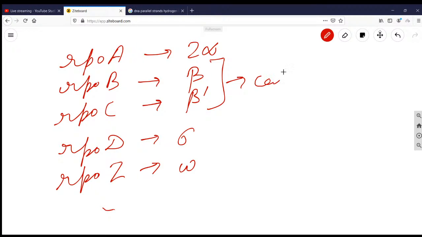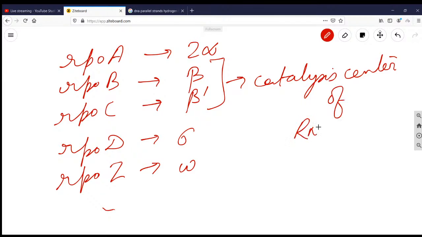This is the catalytic center of the RNA polymerase enzyme, the active site that will lead to the formation of the mRNA molecule, meaning it will cause the phosphodiester linkage. And alpha helps in the binding but cannot cause proper binding without sigma factor.